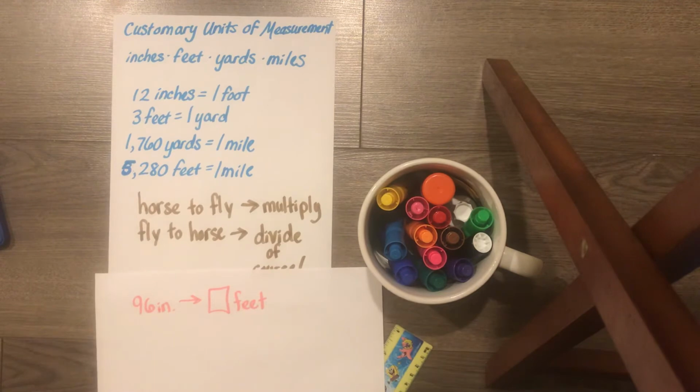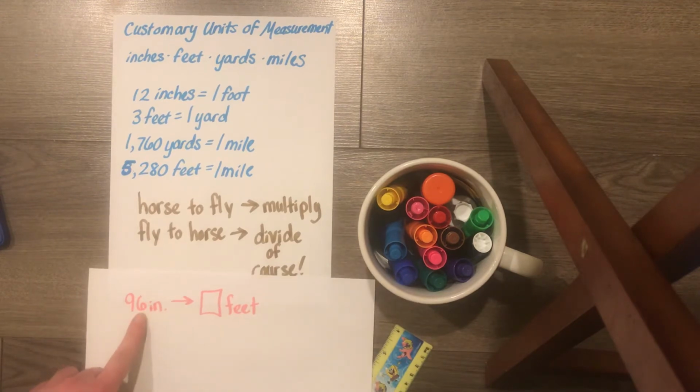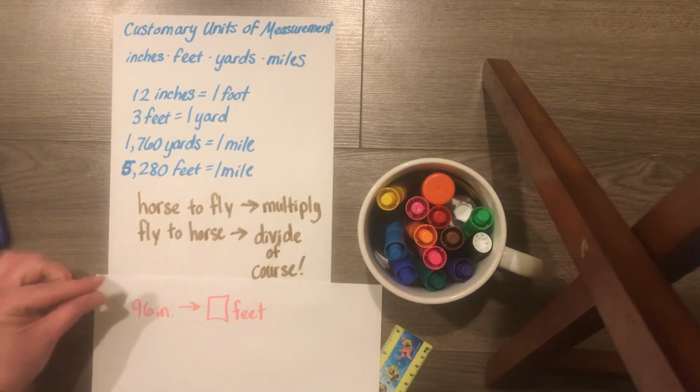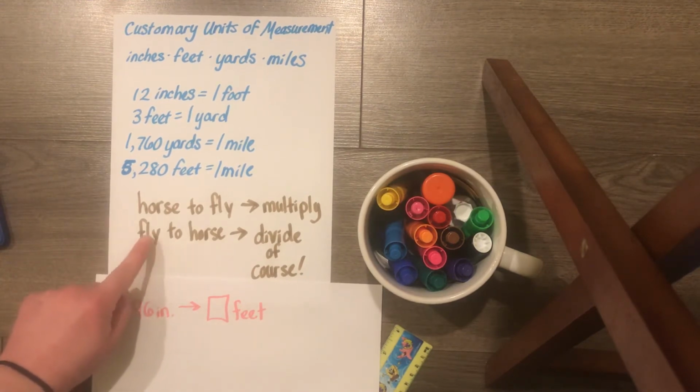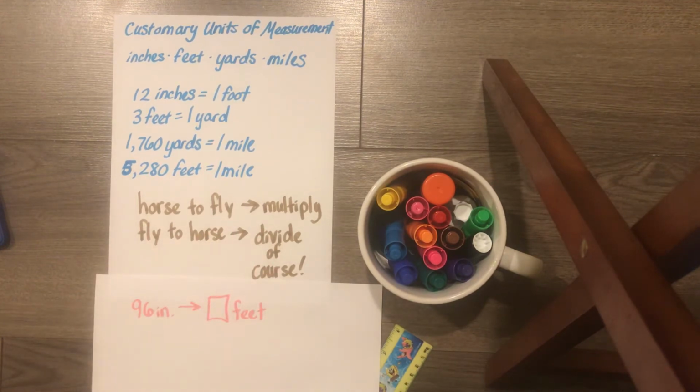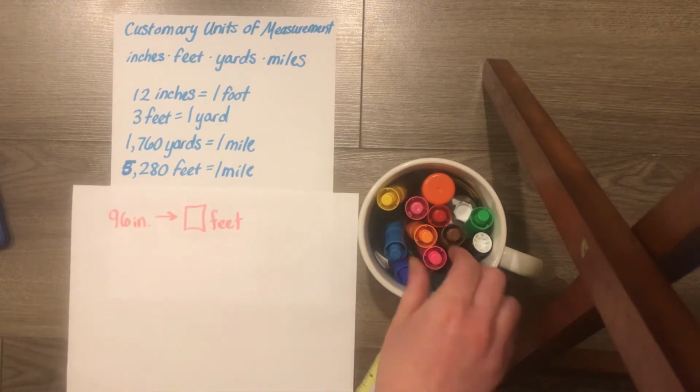So let's take my practice problem. 96 inches to how many feet? Well, inches are smaller than feet, so I'm starting off small. So that would be starting off as the fly. Fly to horse, divide, of course. Aha, so now that I have my strategy, I know I'm going to divide.